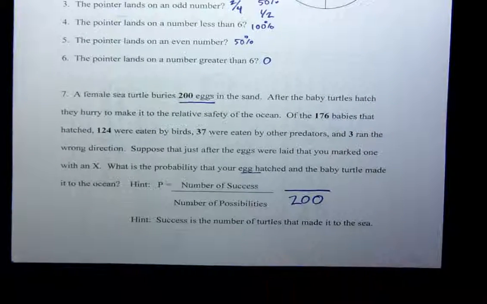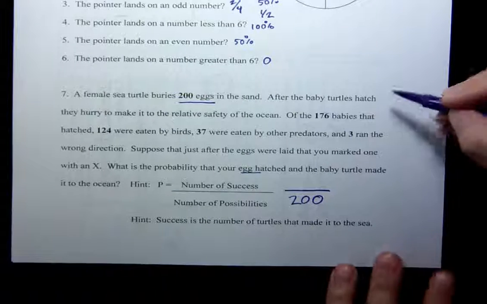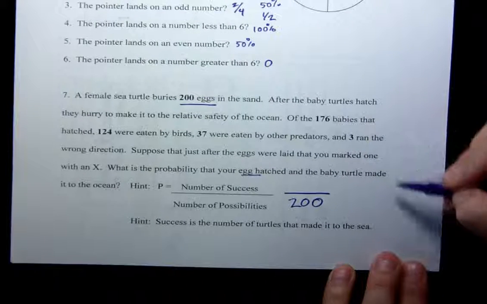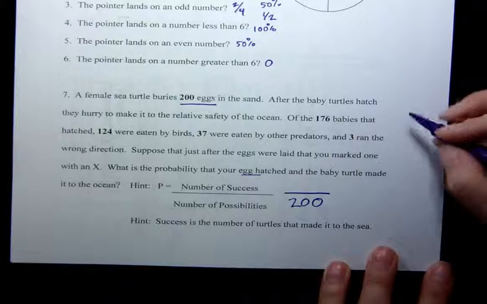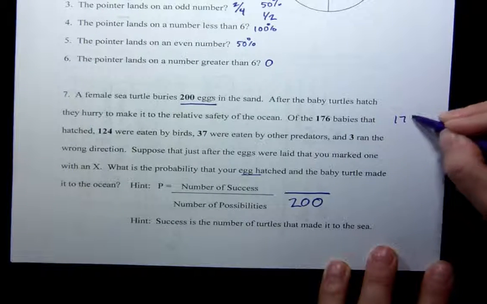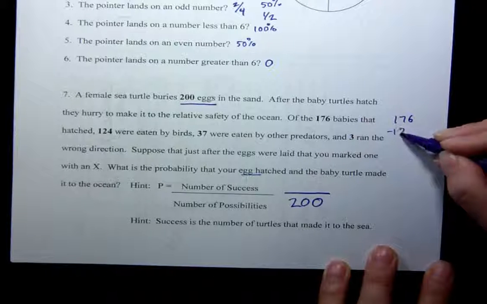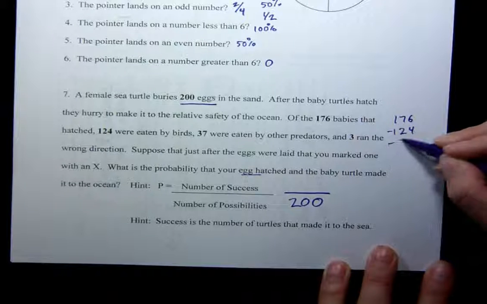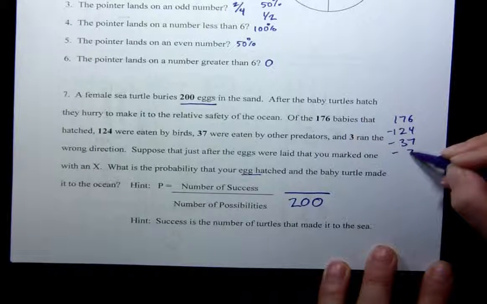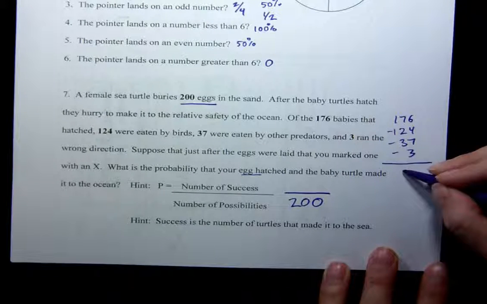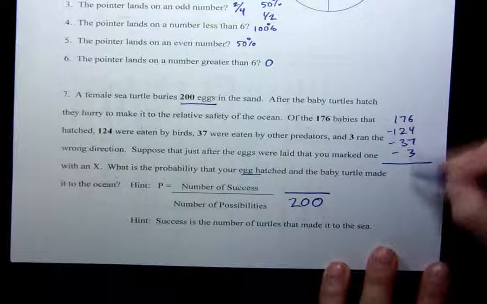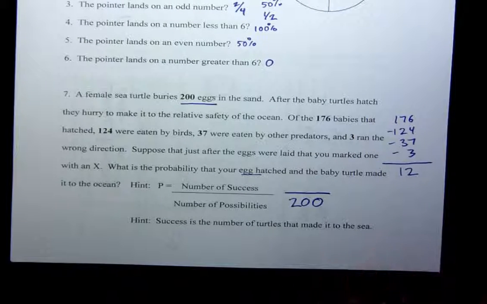For the number of successes, we have to figure out how many of those babies actually made it to the sea. So what number do I start with there? 176 hatched, minus the 124 who were eaten by birds, minus 37, minus 3. What did that come out to? It's going to come out to 12.